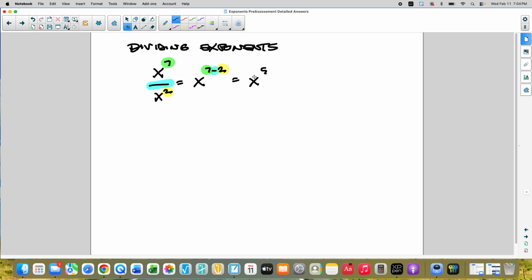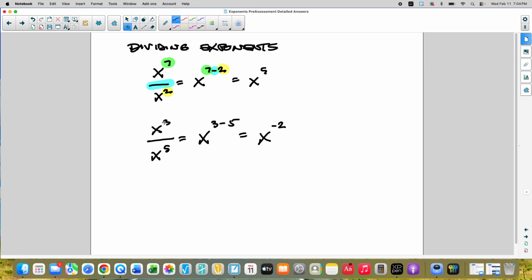That's important. Now the other part of that, you can have x to the 3rd over x to the 5th. We're going to have x to the 3 minus 5, leaving us with x to the -2. This evaluation, this notation, is in the numerator. Now, what does that negative represent?